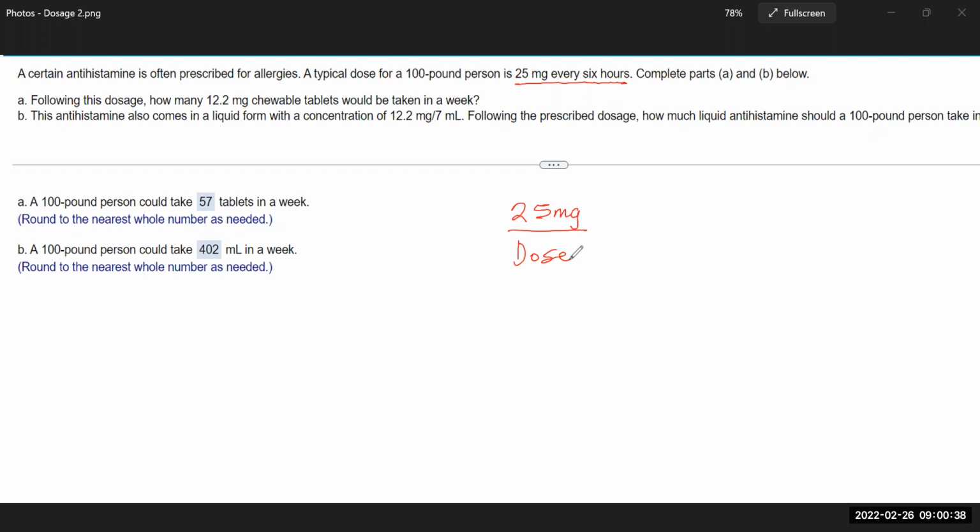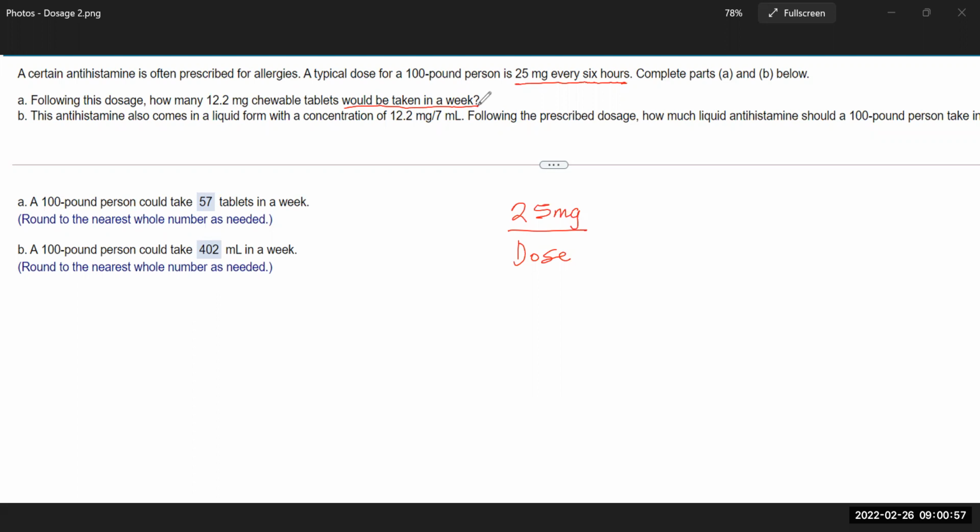Sounds good? Now, let's come back to the question. It is asking us to find how many 12.2 milligram chewable tablets will be taken in a week.